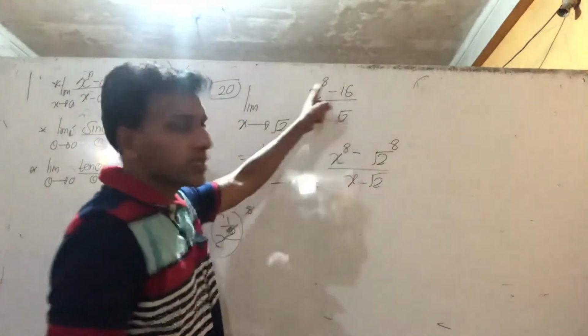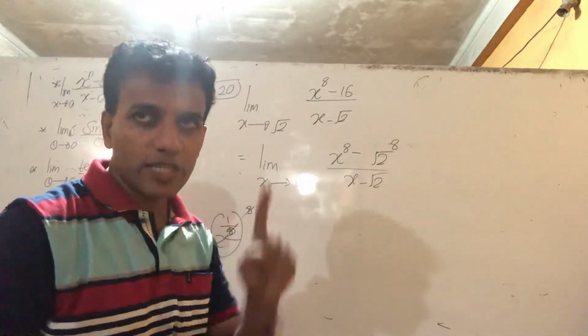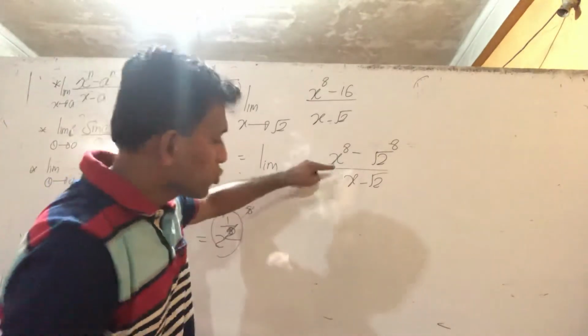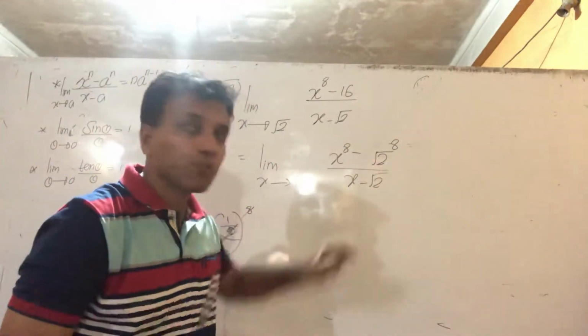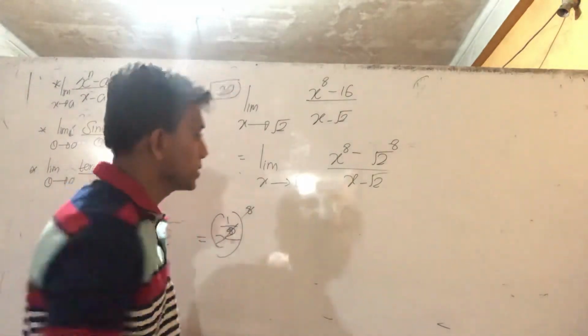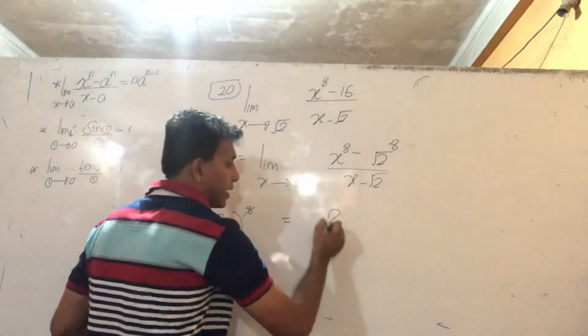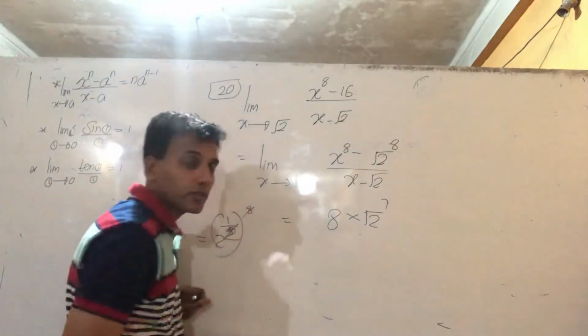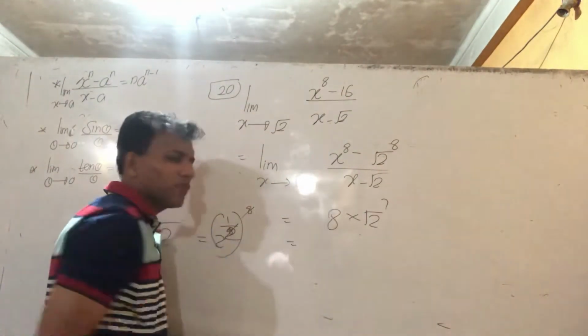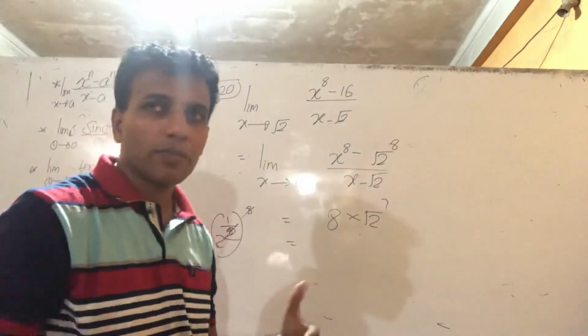That is the standard form of the limit. First rule of algebraic limit: x to the power n minus a to the power n over x minus a. So write the answer. So what is that? N a to the power n minus 1. So we can give a simplification form. Root 2 power 7, not perfect.